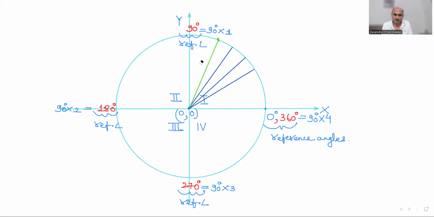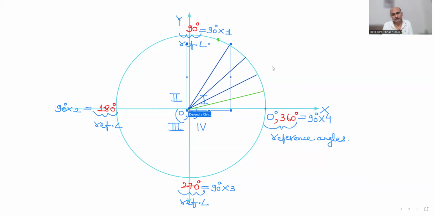So this is 15, 30, 45, 60, and this one is 75. And 90. Very good.